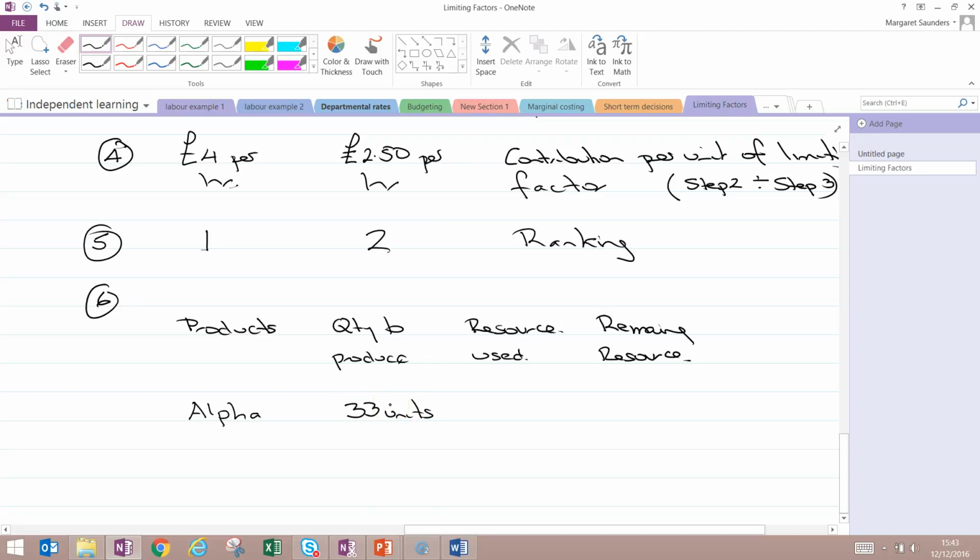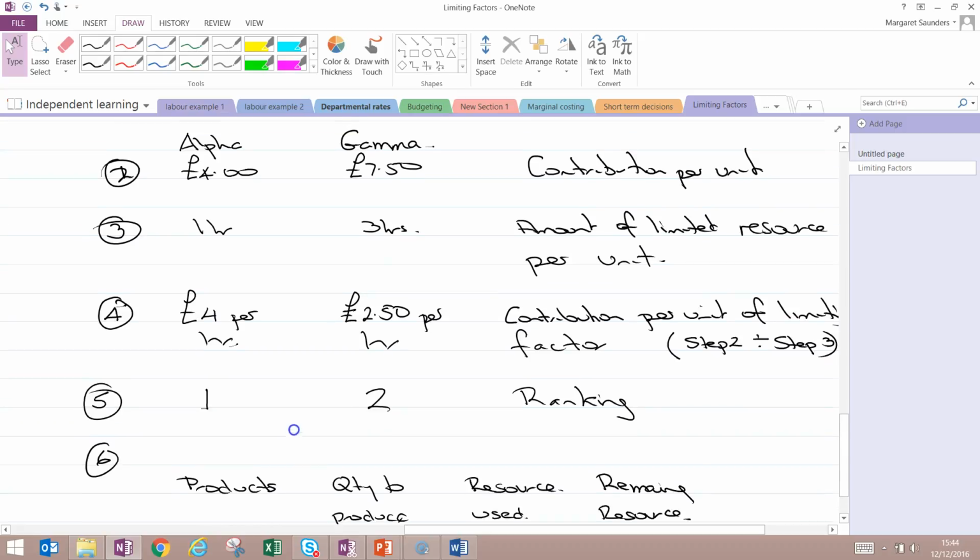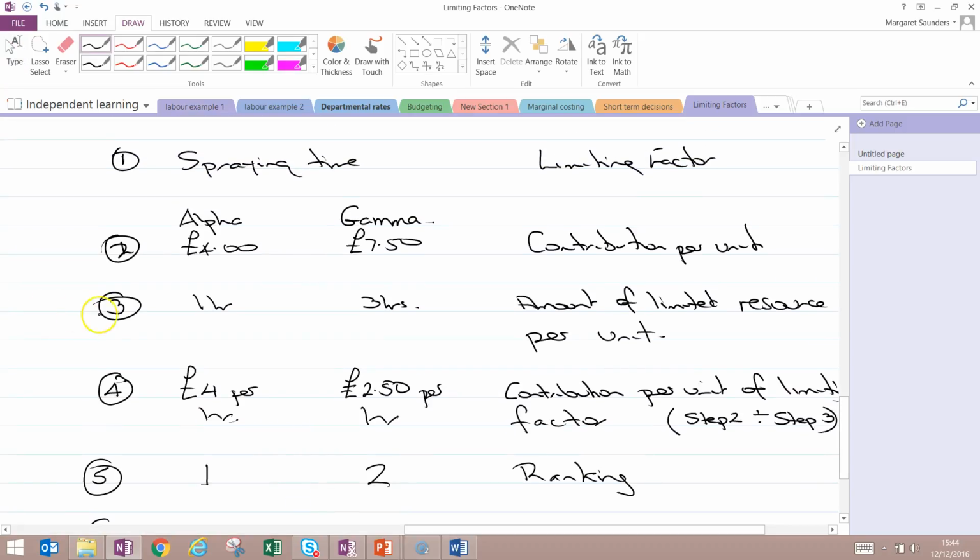How much resource will that use up? So we're talking about our limiting factor, so the spraying time. If we do 33 alphas, how much spraying time will we use up? Well, we know from step 3 that the alpha takes an hour.